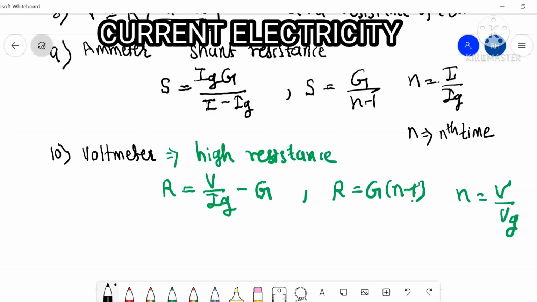Substitute in this direct formula, R is equal to G into n minus 1. Only one point: the resistance of the galvanometer must be given, and how many times the potential difference is, that nth value, must be given, and use this formula to solve the voltmeter problem. Now it is very simple, student.